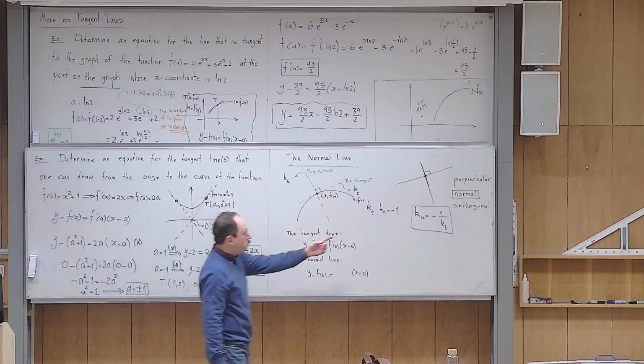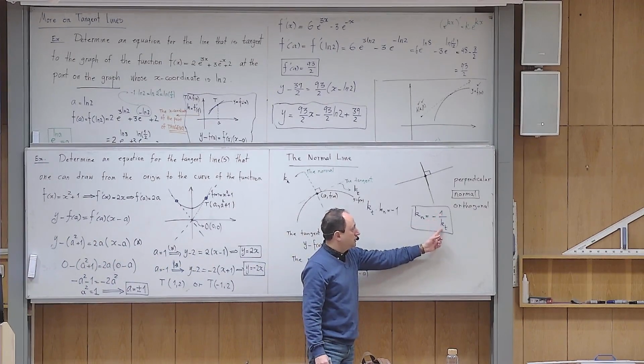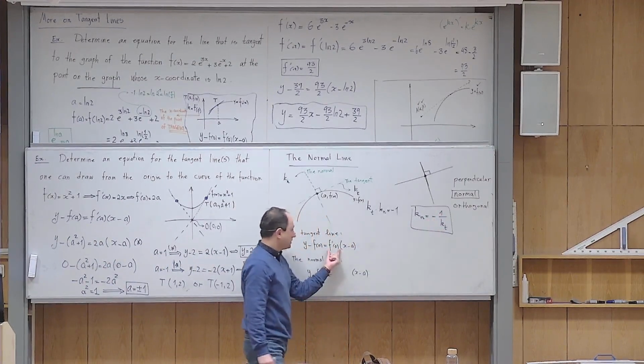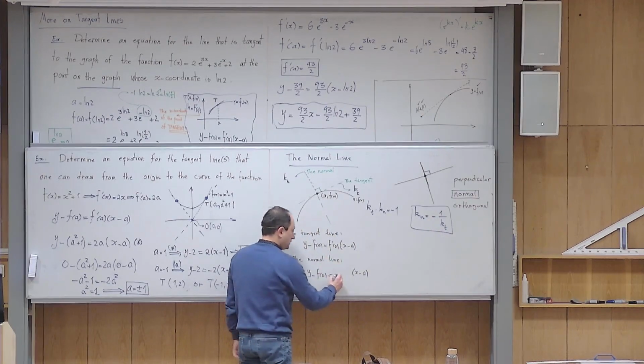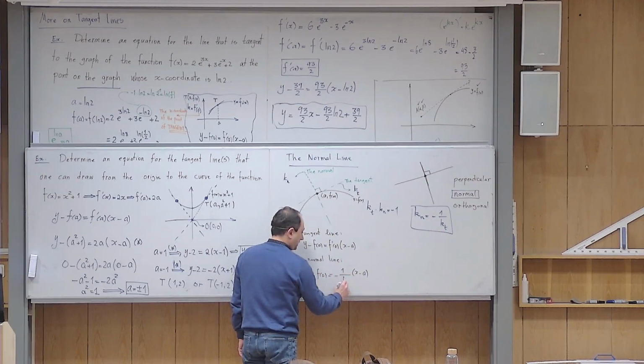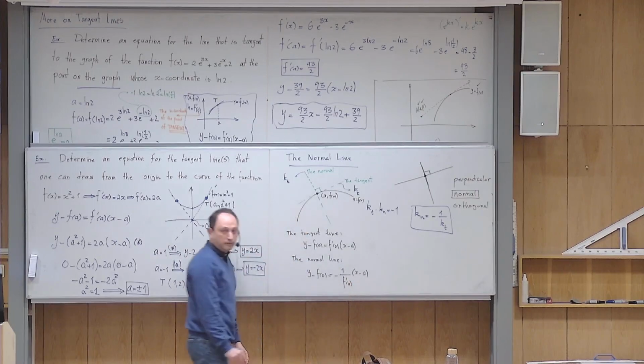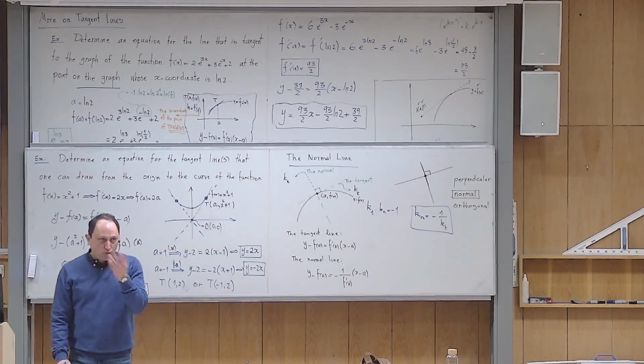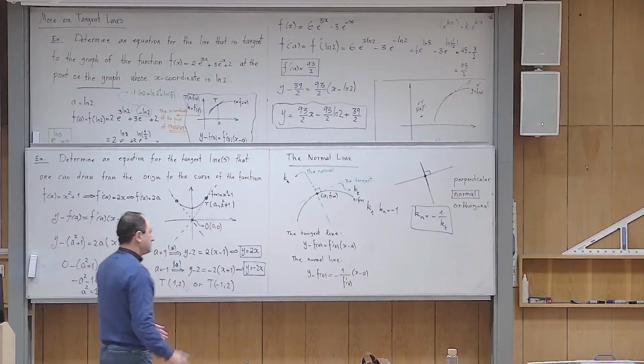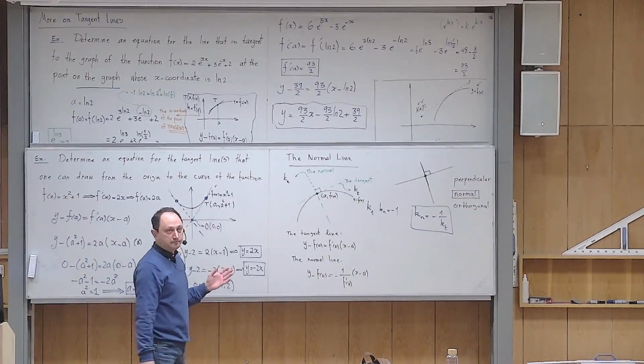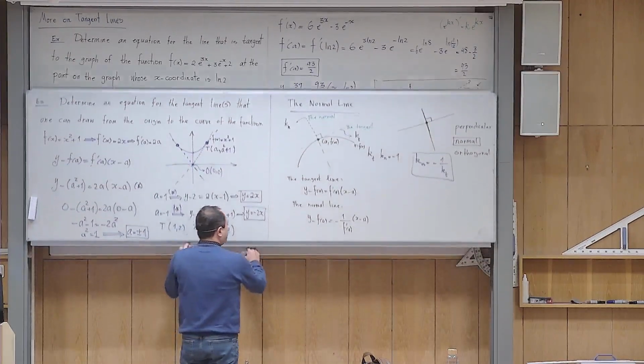The k value is minus 1 over the k value of the tangent line. That was the k value of the tangent line. So this becomes minus 1 over f prime of a. Yes? But I don't want you to memorize the formulas. I want you to understand how to solve the problem. Is that clear? So let me give you an example.